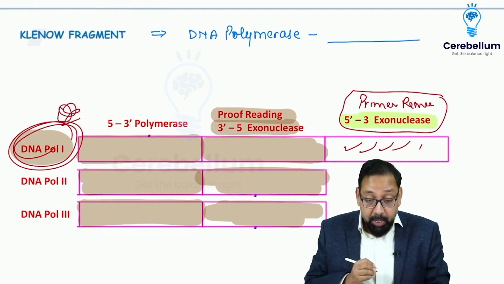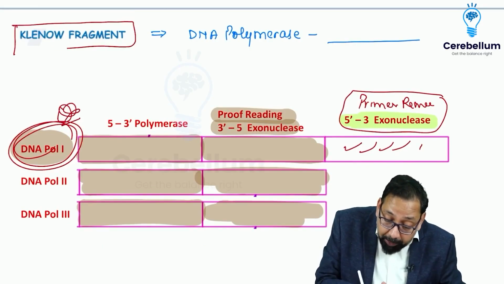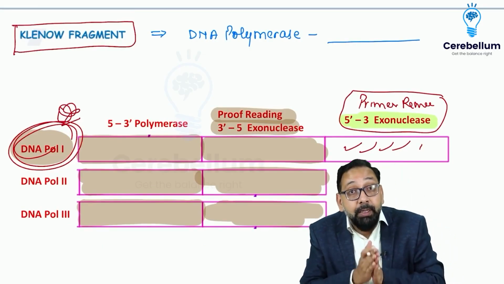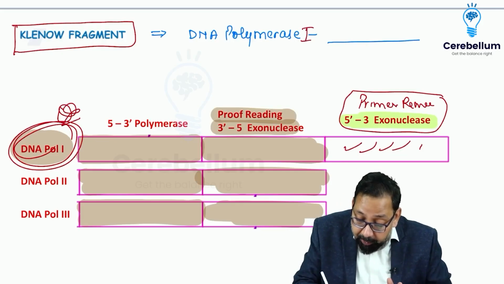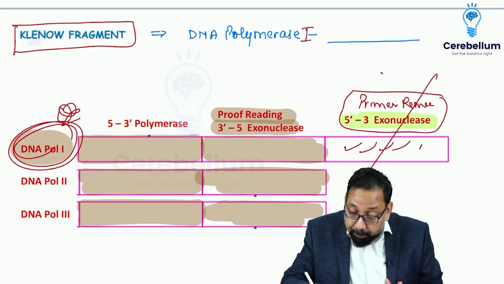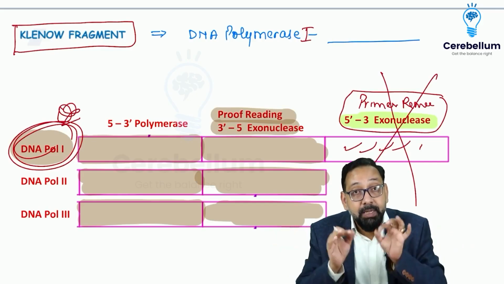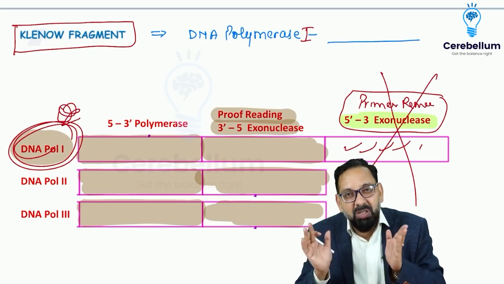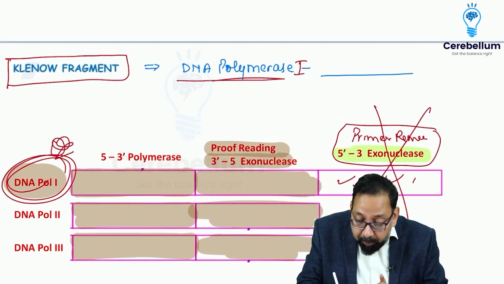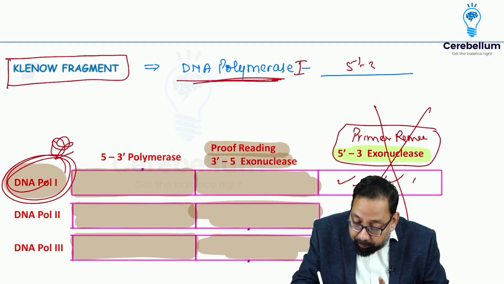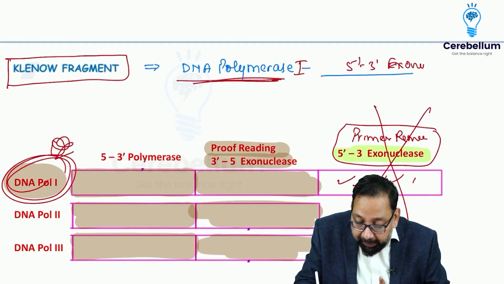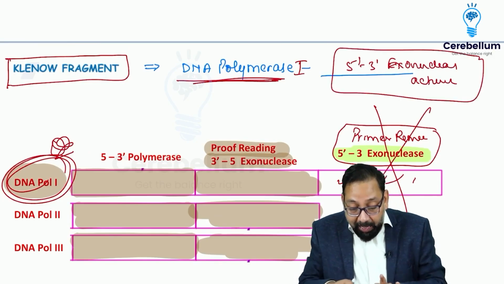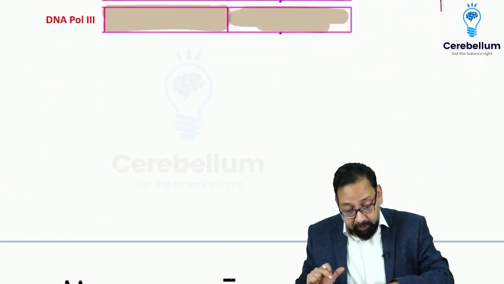A question is asked on Klenow fragment. Klenow fragment is DNA polymerase 1 from which this part is deleted, meaning DNA polymerase 1 in which primer removal activity is lost, or you can say DNA polymerase 1 minus 5 to 3 exonuclease activity. So this image will help you solve many recently asked questions.